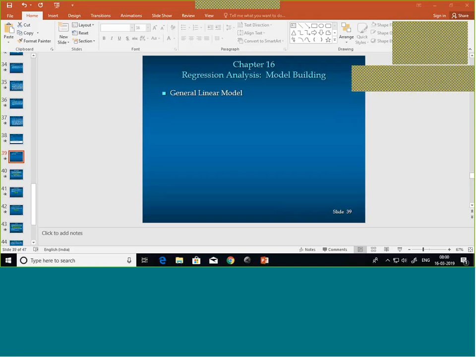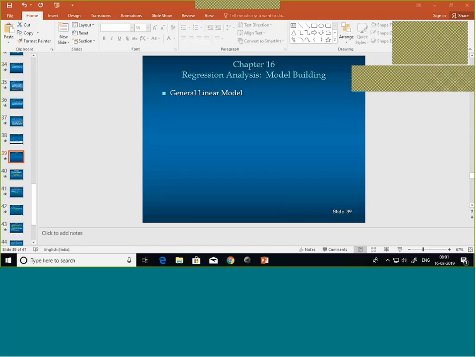Before the mid-semester, we have learned testing of hypothesis as well as regression. Today we are going to discuss simple linear regression and multiple regression again, for a different set of models.